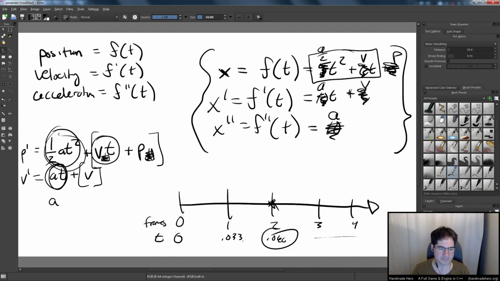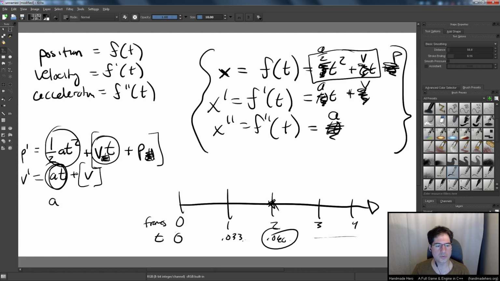And similarly, in order to properly account for the effect that the acceleration has, we want to put it in this part of the equation here, the 1/2 at squared, to account for the effect that the acceleration has over this time step as well, right? Because without this, essentially what would happen is we would be assuming that acceleration was not actually continuously happening over the course of the frame.